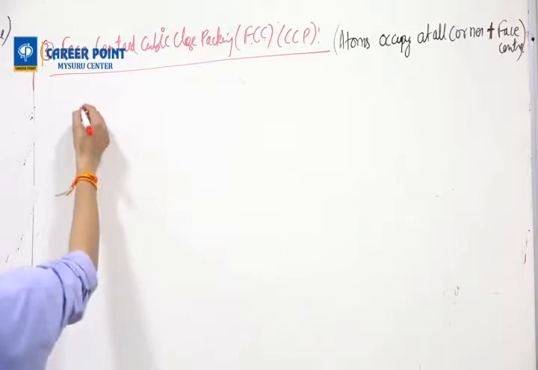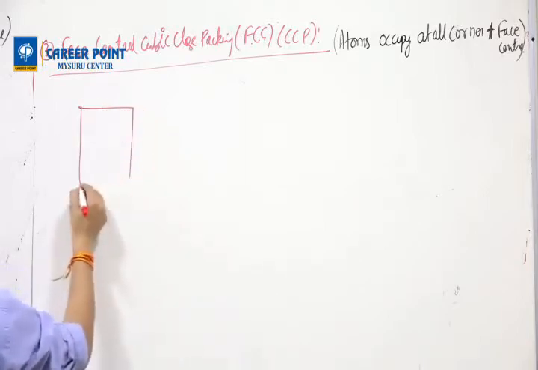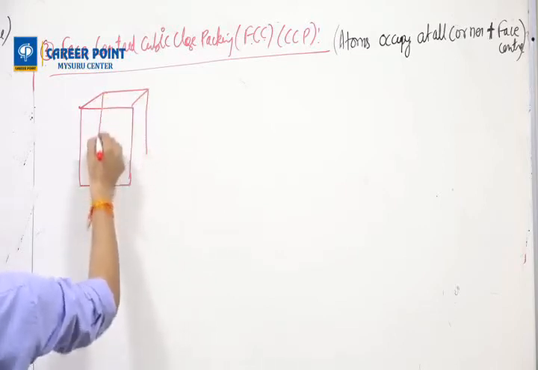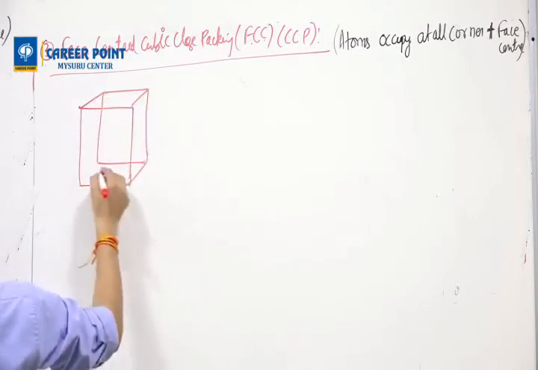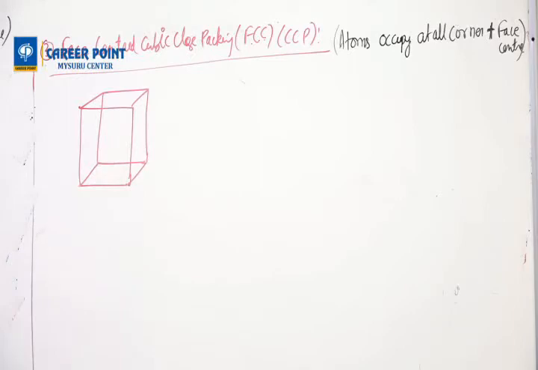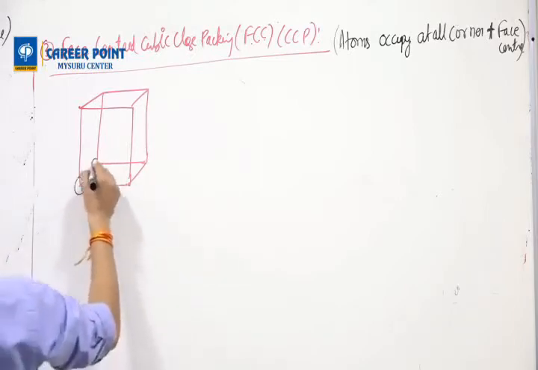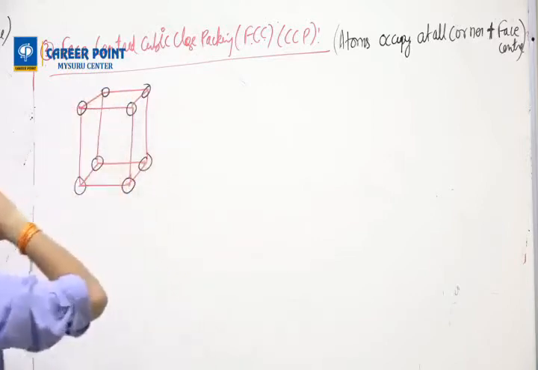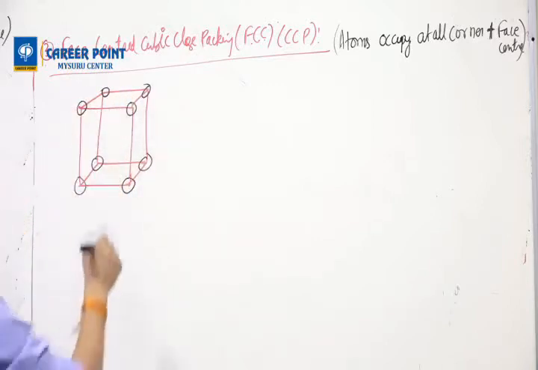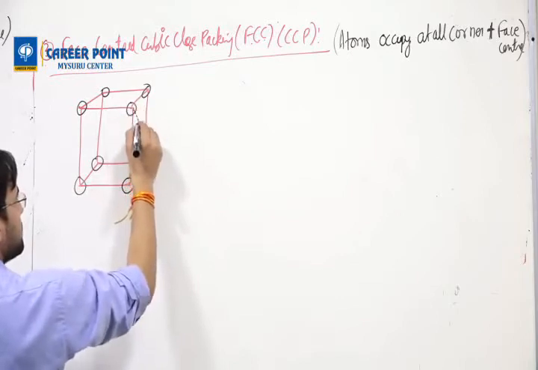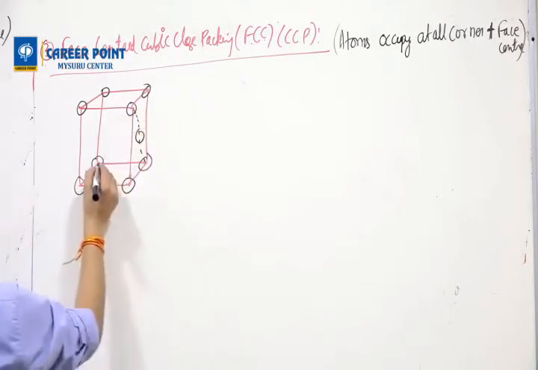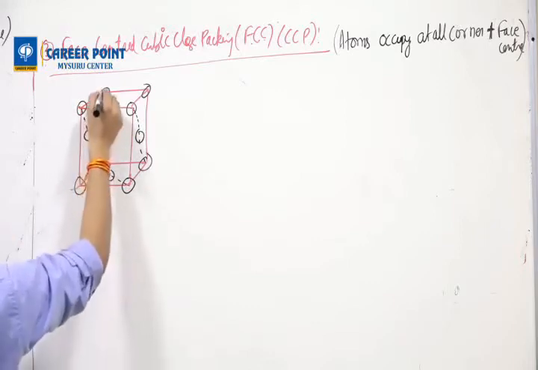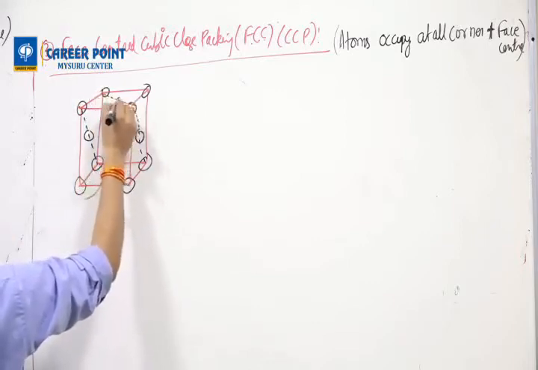So we will draw a cube. Then at all corners and at all face centers. So we have to draw each face center: one face, another face center, another face center.